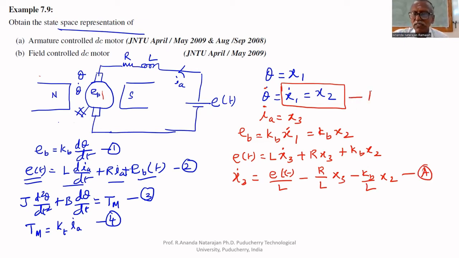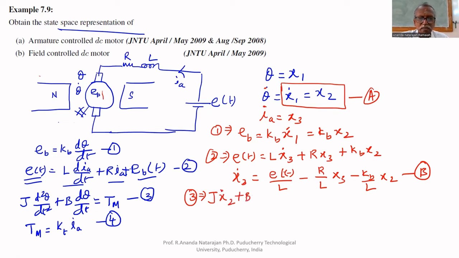Already x1 dot equal to x2 is the first equation; let us take this as the second equation. We have to find x2 dot. x2 dot can be obtained from equation 3, the mechanical equation: J x2 dot plus B x2 equal to Tm.